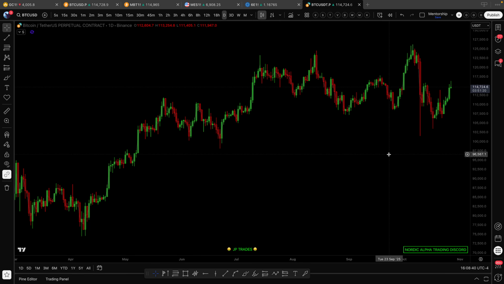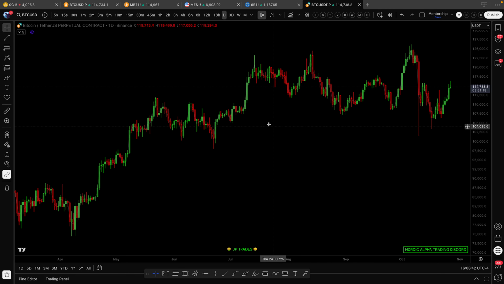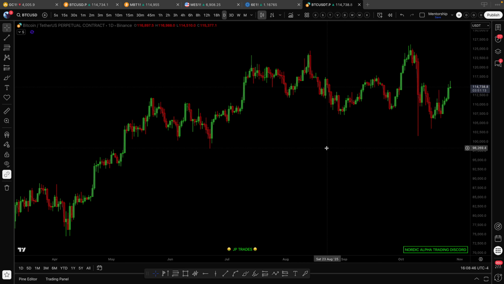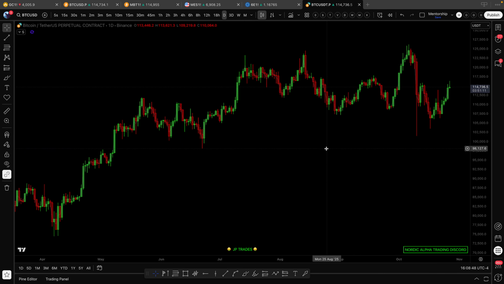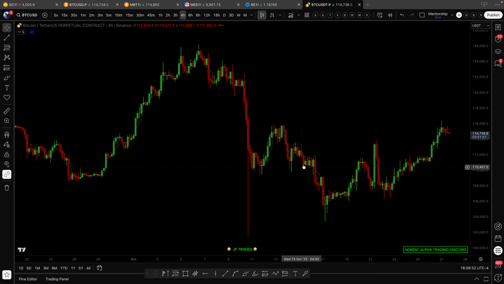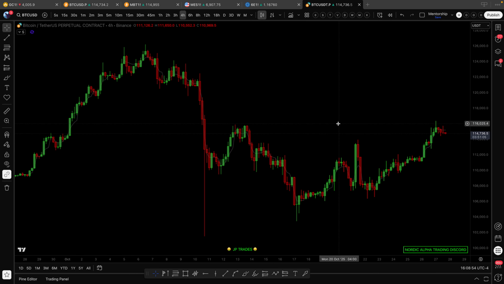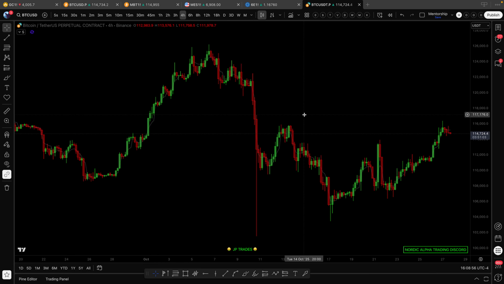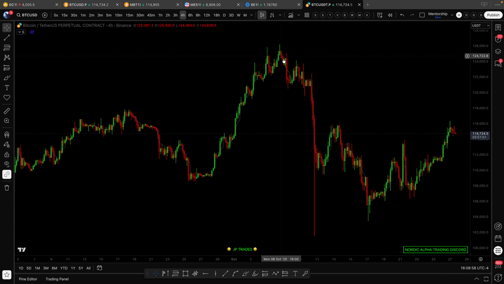Now, in this example, I'm going back to the green and red candles so everyone can see this clearly. And in case you're using stock color candles, it will be relatable to you. So let's go to a 4-hour and let's just mark out some market structure. We can clearly see this high.